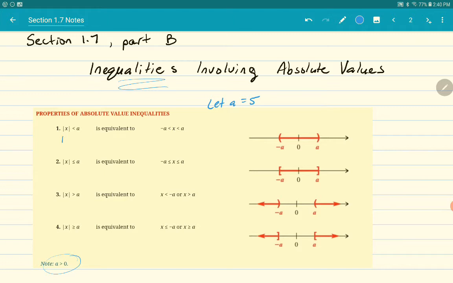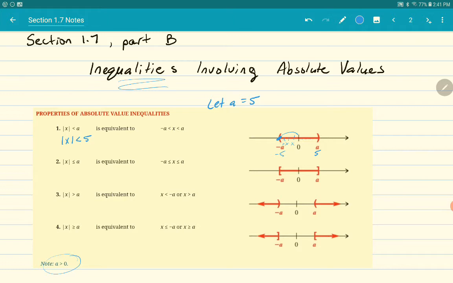So if the absolute value of x is less than 5, that says the distance between x and 0 is less than 5. So x could be here or here or here. It could be anywhere along here between 5 and -5. That distance, if it was an equal sign, would be right here, equal to 5.